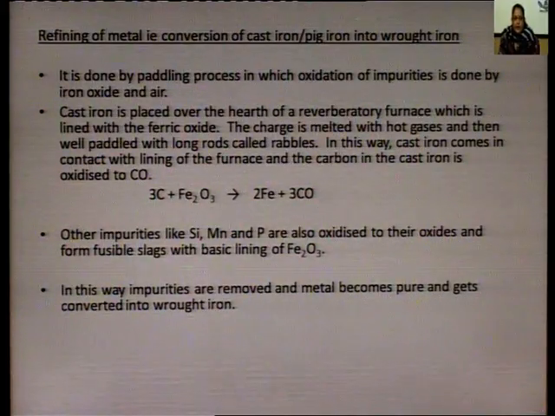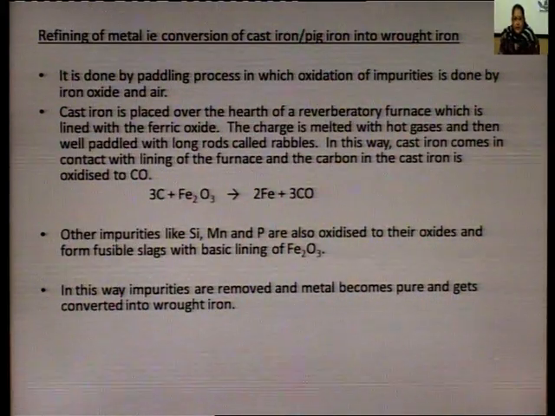And in this case the cast iron, which is the impure form of iron, which we also named pig iron, is placed over the hearth of a reverberatory furnace, which is lined with ferric oxide, that is hematite ore. And in this case the charge, that is the pig iron or the cast iron, is melted with hot gases, and it is then well paddled with long rods, which are called rabbles.